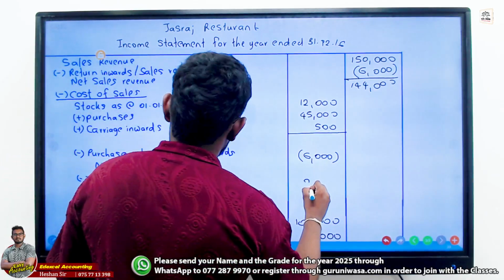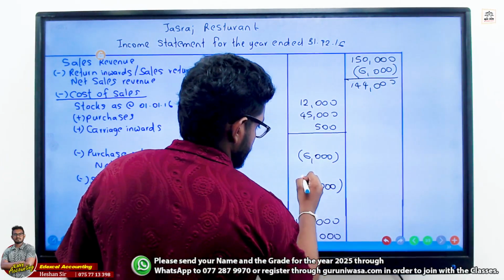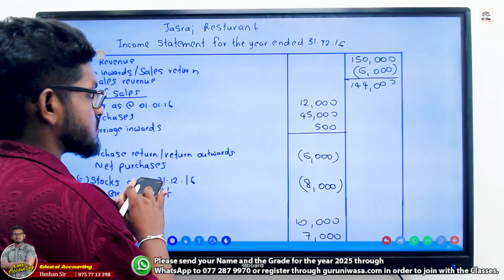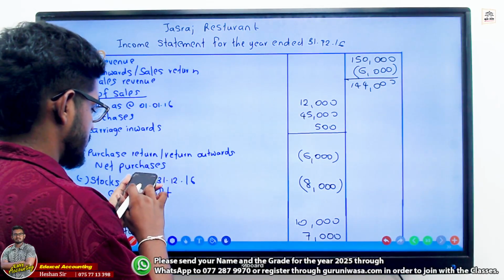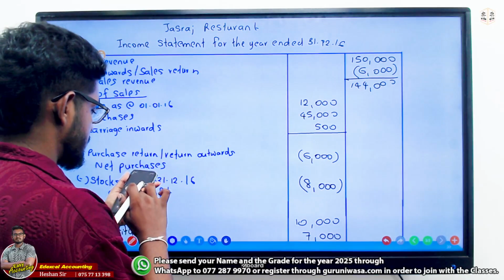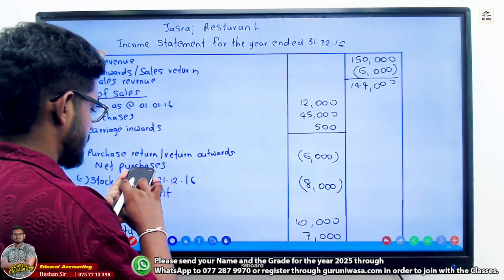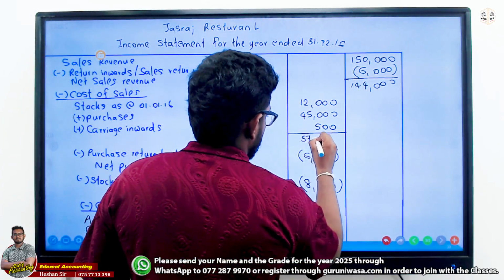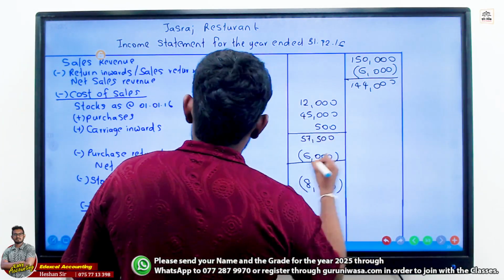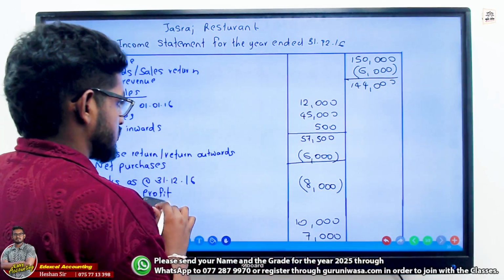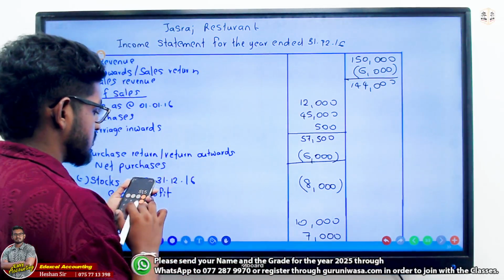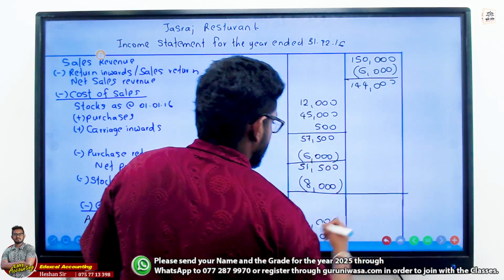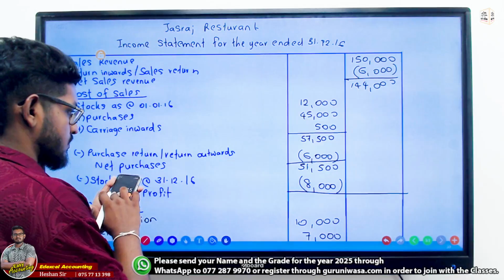Deduct. Now take 12,000 plus 45,000 plus carriage inwards, that is 57,500. From that deduct 6,000, 51,500, minus the closing stock 8,000.